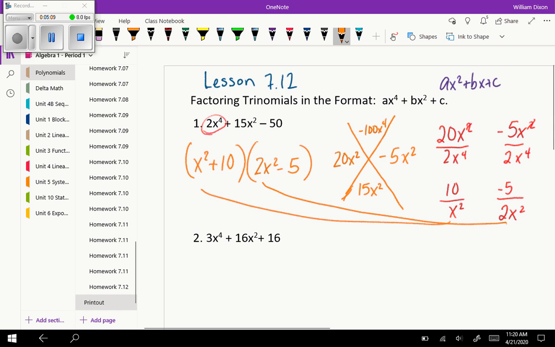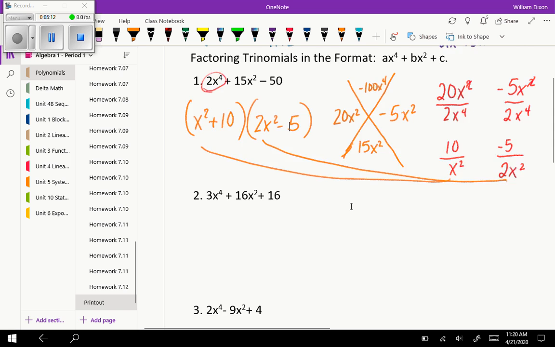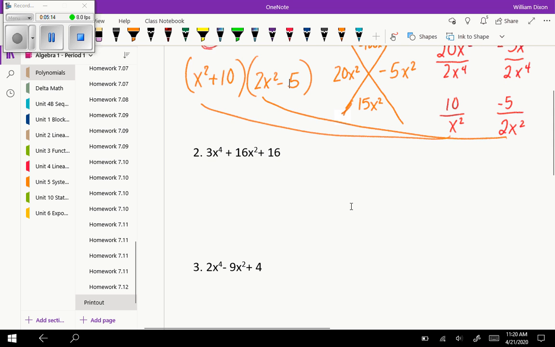Let's take a look at number 2. I have 3x to the fourth plus 16x squared plus 16. So the first question always: do I have a greatest common factor? No. So now I'm going to go to the x. I'm going to multiply the two outer terms, and I'm going to get 48x to the fourth.